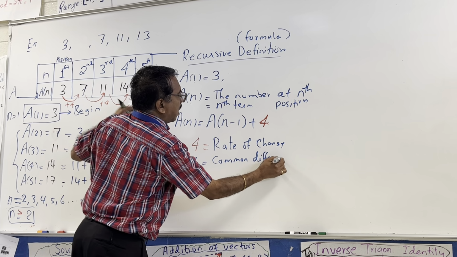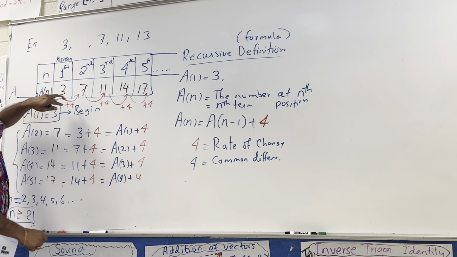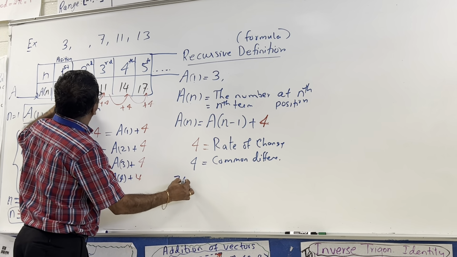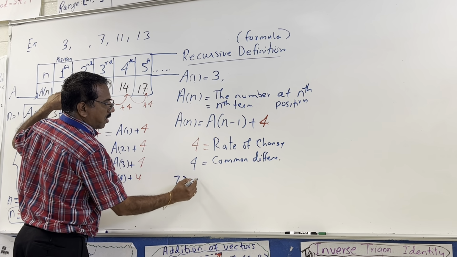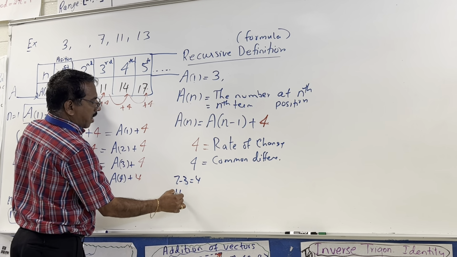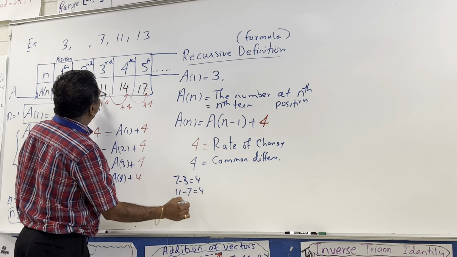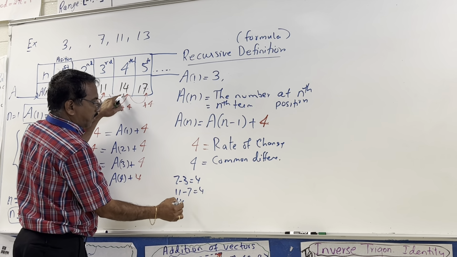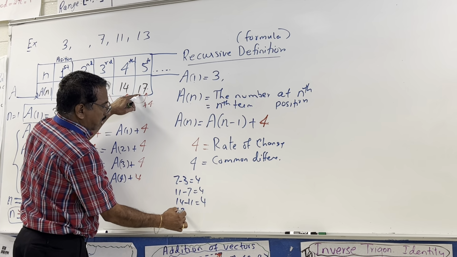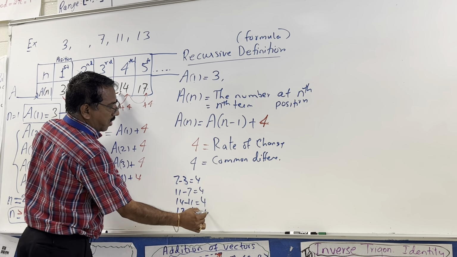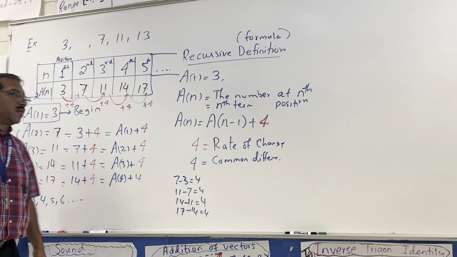Why is it called common difference? If you see, 7 minus 3 is 4, 11 minus 7 is 4. Every time you take a difference between two consecutive numbers, you end up getting 4. So 17 minus 14 is 4. Each time the rate of change is the same.